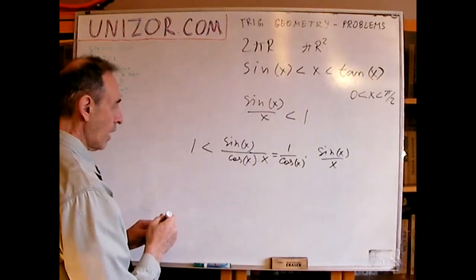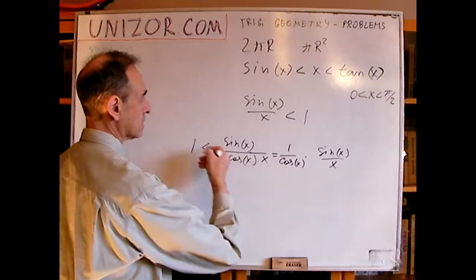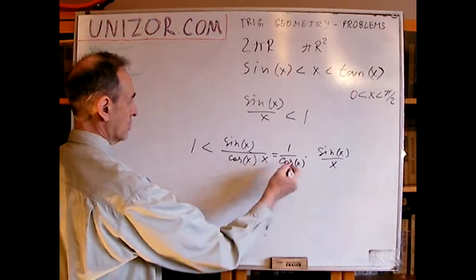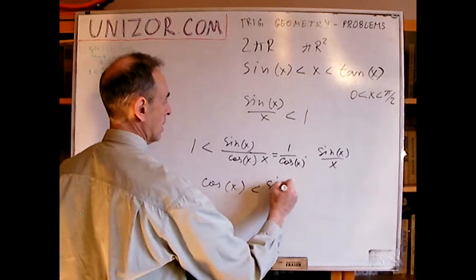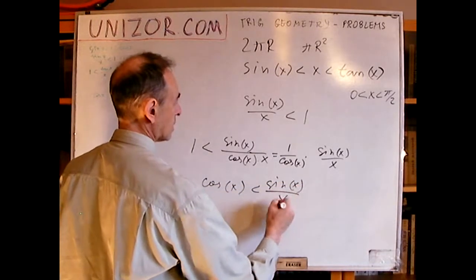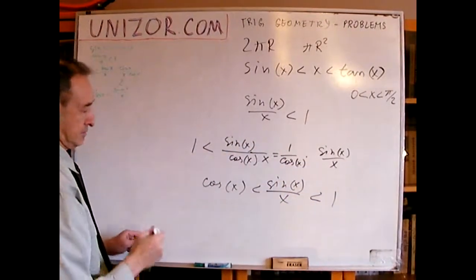So, what do I have here? If I multiply both sides by cosine, I will have the cosine of x less than sine of x over x. And combined with this, I have this, right?